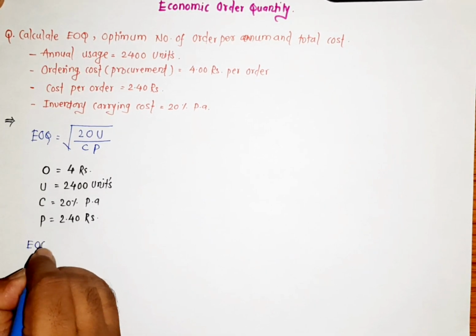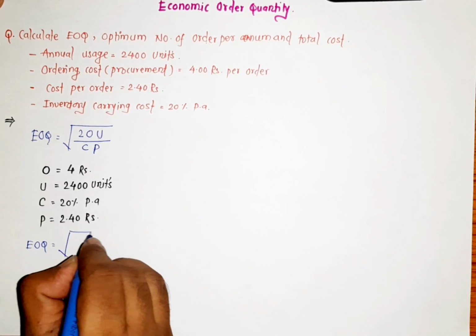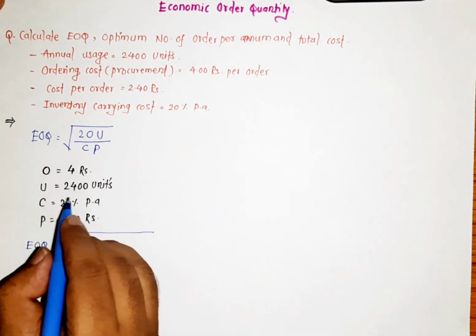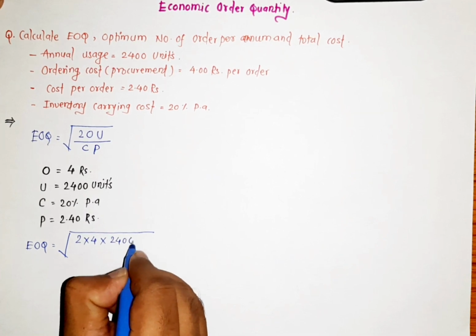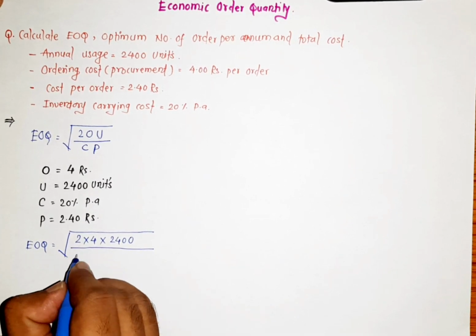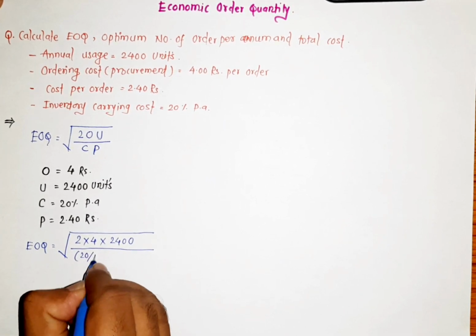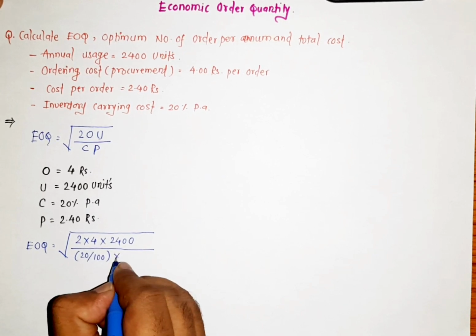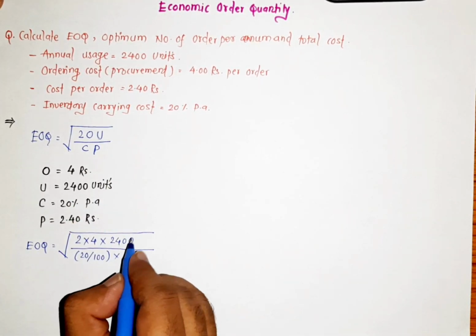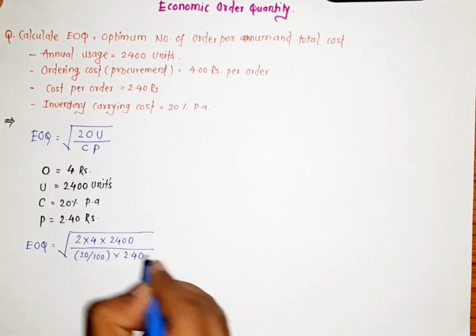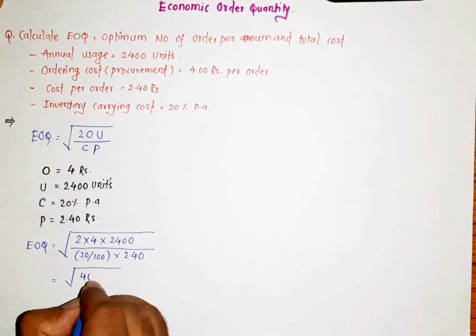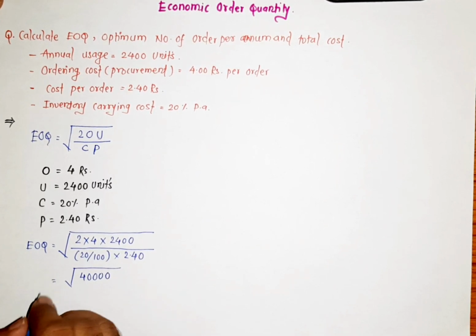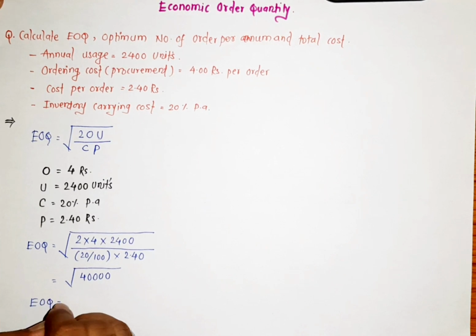When we substitute these values in this formula, we'll get the value of EOQ. Let us substitute. EOQ is equal to under root of 2 into order cost, which is 4 rupees, into U, 2400 units, divided by C, which is 20%, so it will be 20 divided by 100, into 2.40, which is P. When we solve it, we'll get under root of 40000, which is nothing but EOQ is equal to 200 units.